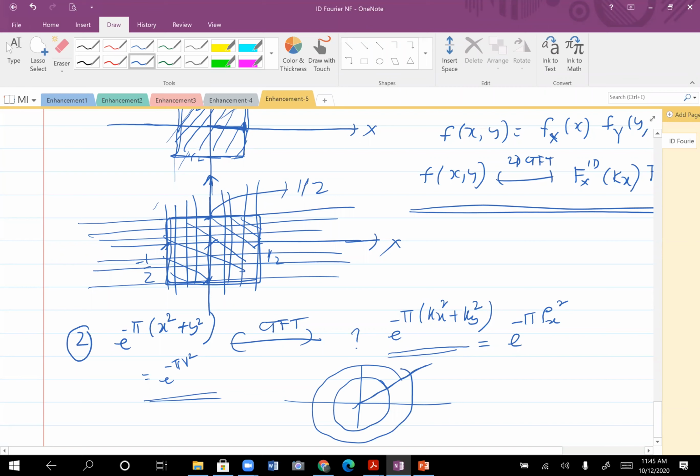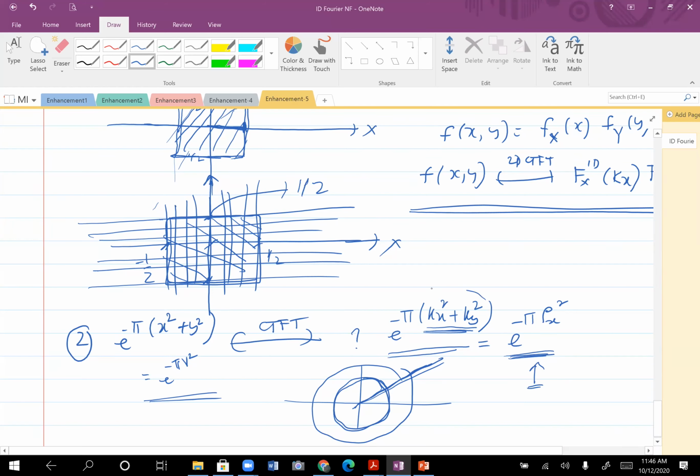Along all these points where kx square plus ky square is constant, you would be getting the same thing. So it is in effect equivalent to a 1D function when you change the variables.